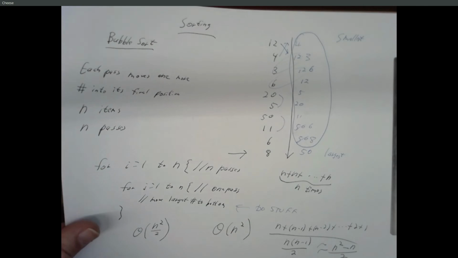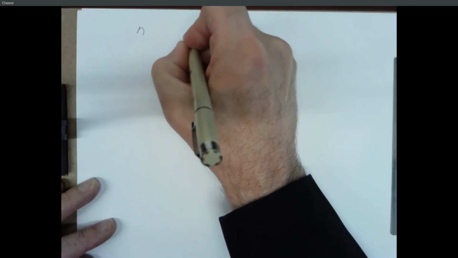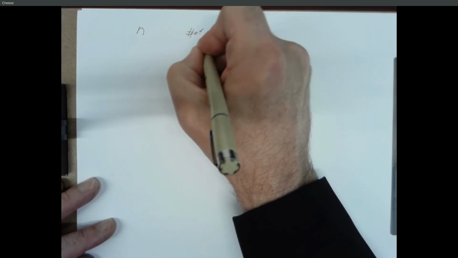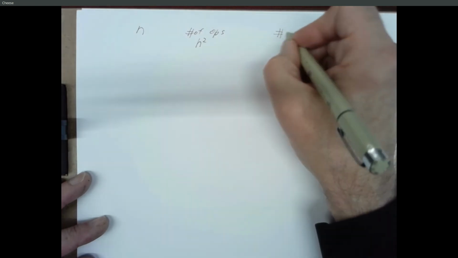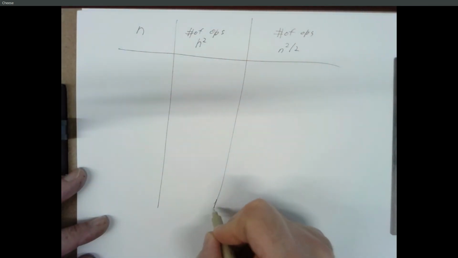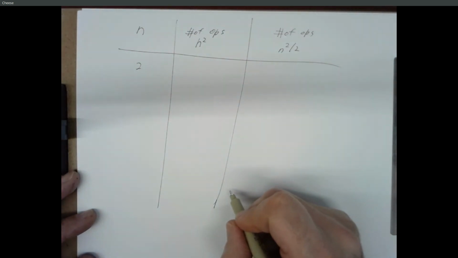So let's look at these orders of complexity. So let me make some fictitious data here. So let's suppose that you have 2 pieces of data and your number of operations is n squared.